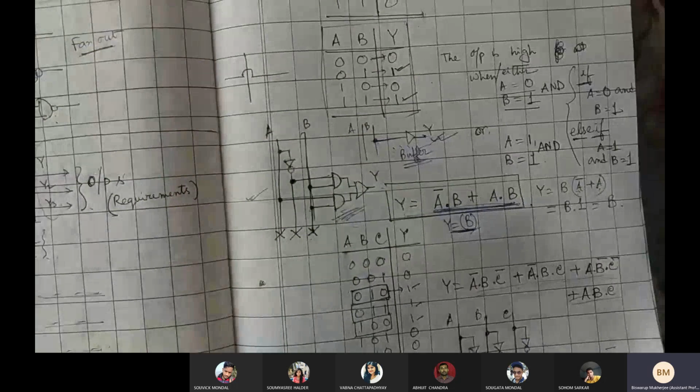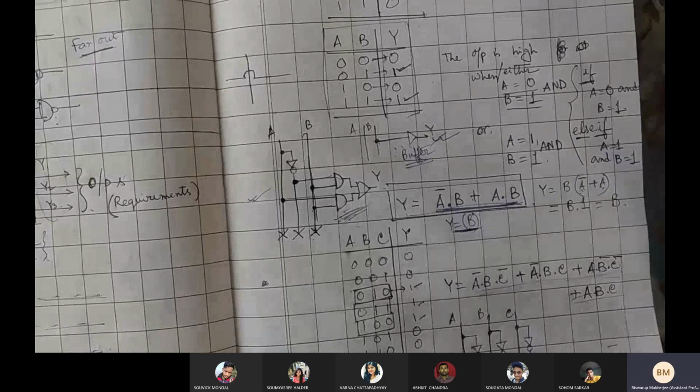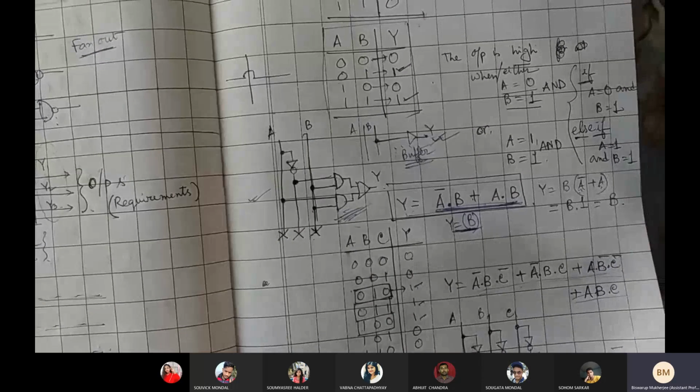Is that clear, that particular part we have discussed so far? That is, we require some minimization process, or we'll be going for some minimized expression. Is that clear why we should require that? Because just taking the expression from the truth table will not, in many cases, provide us a minimized output.